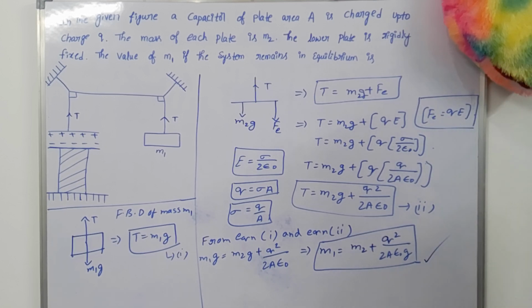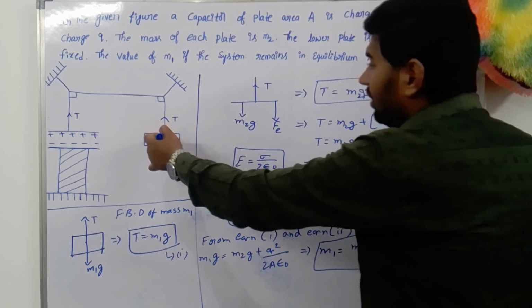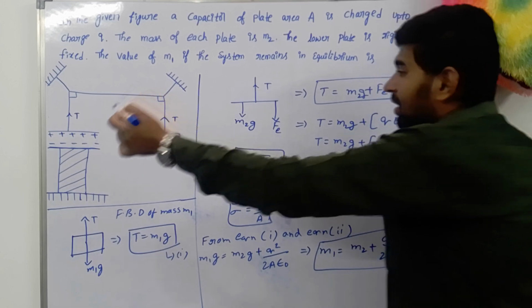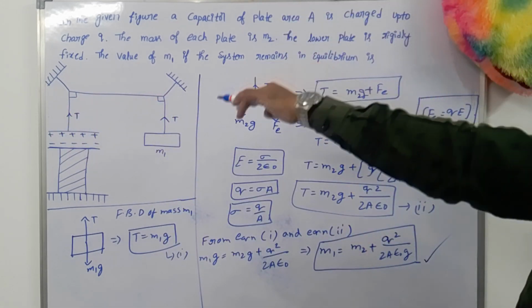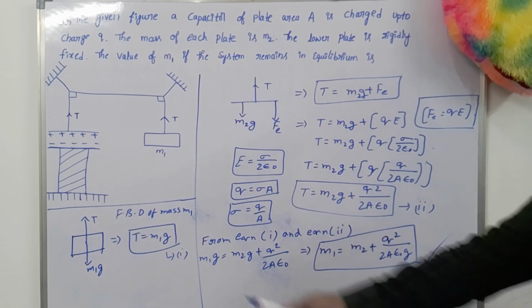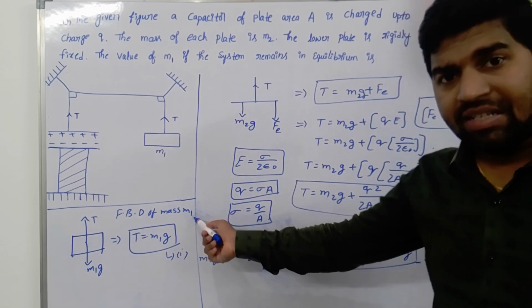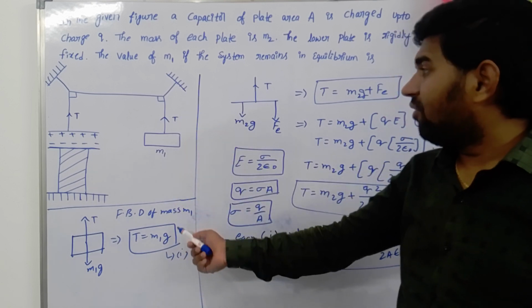Now, shall I repeat the whole procedure? First of all, you have to observe the tensional force here. This is the tensional force of the string. This is also the tensional force of the string. In this one, the tensional force remains the same. And next, I have to draw the free body diagram of mass M1. From that free body diagram, T is equal to M1g.